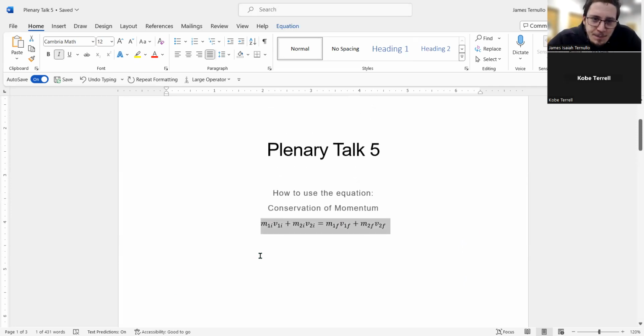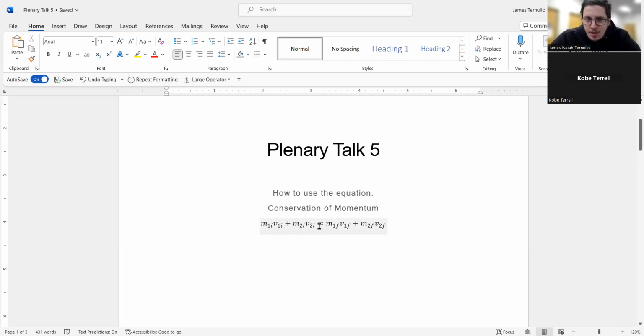And so with my last video, we dissected this equation and we labeled that this was the initial mass of some object we decided to label 1. It's very arbitrary. V1I is the velocity associated with that object that we chose to be 1, and it's the initial velocity.